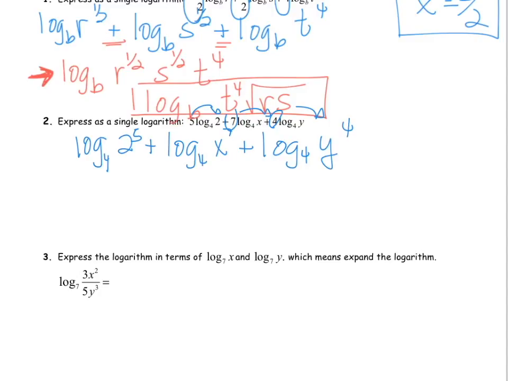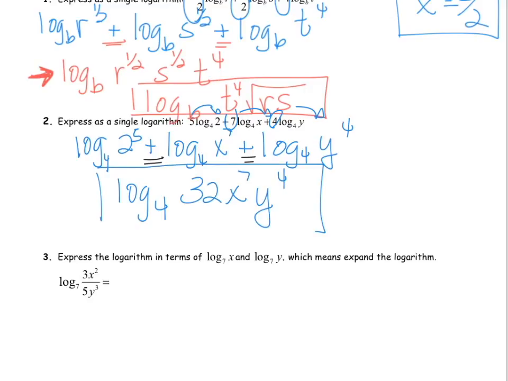And again, I did all multiplication. Not sure why I did that. There's no division practice, but we got this. So this is log base 4 of 2 to the 5th, which is 32, times x to the 7th times y to the 4th. And that's all it is when I ask you to condense it into one log.